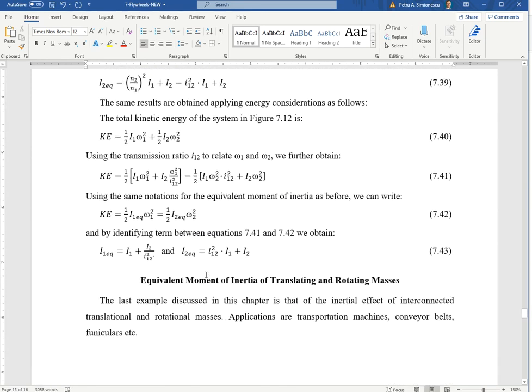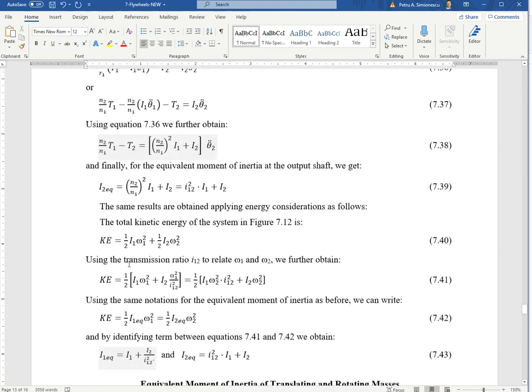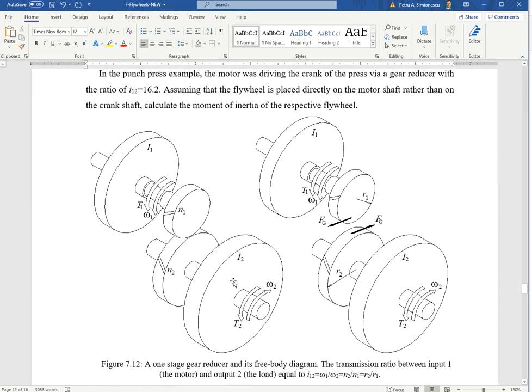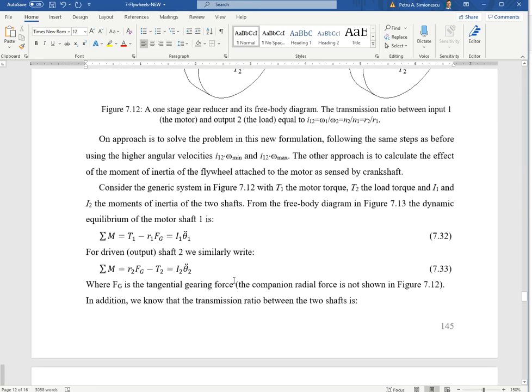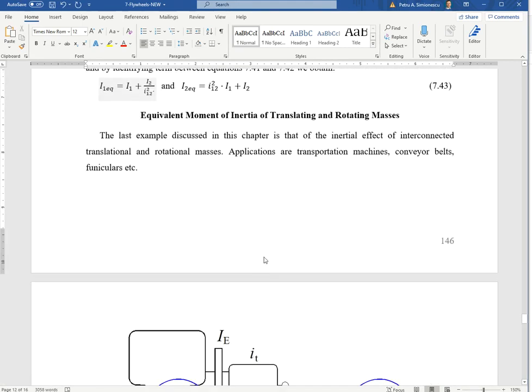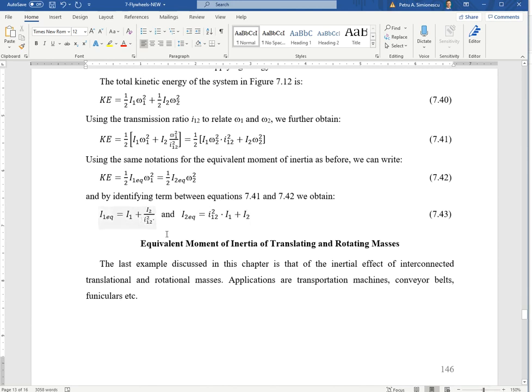So if I have a transmission ratio of 2, I need to make the flywheel 4 times bigger. And I can repeat the analysis and find the equivalent moment of inertia of a flywheel placed on the fast rotating shaft. In that case, if I take this and place it here for the same overall inertia properties, I need to make this moment of inertia the transmission ratio squared times smaller. Okay, so see the division here.